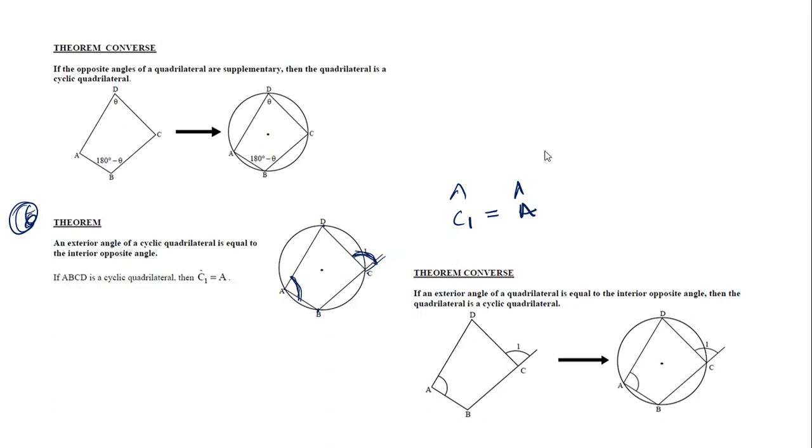Remember, angle A plus angle C add up to 180 degrees because they are opposite angles of a cyclic quadrilateral. If you want to determine C1, you use this angle plus C1 equals 180, angles on a straight line. Same applies. You can say that angle C1 is the same as angle A.